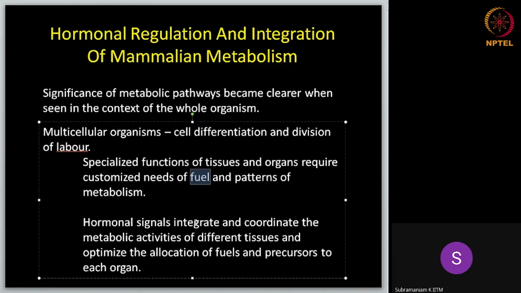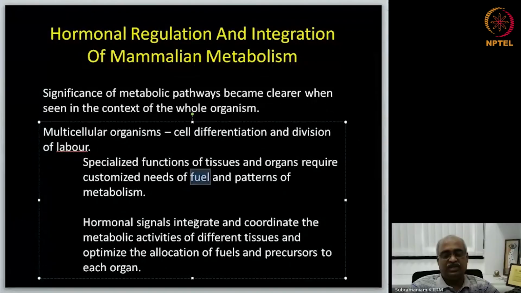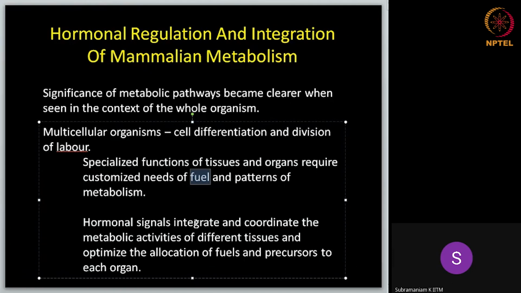Okay, so we already saw, for example in yesterday's discussion, liver and extrahepatic tissues in terms of cholesterol biosynthesis and cholesterol metabolism, right? Cholesterol breakdown as well as biosynthesis. Similarly, we saw about beta oxidation, and then we saw about free fatty acid biosynthesis.